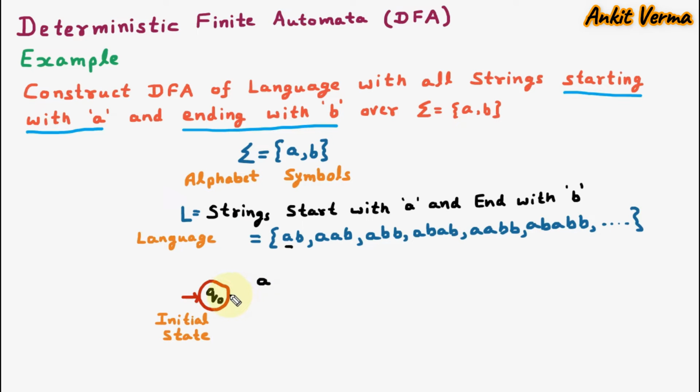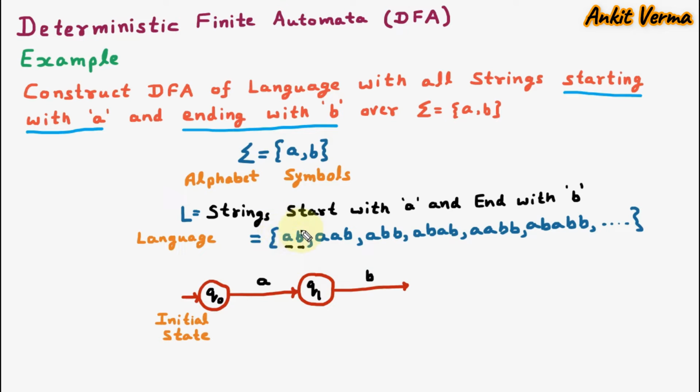So from Q0, when A comes, we go to another state, represented as a circle, which I am naming Q1. Afterward there is another symbol, B. We are on state Q1 and B is coming, so for this B we have to change the state. From Q1, for B, we go to another state.